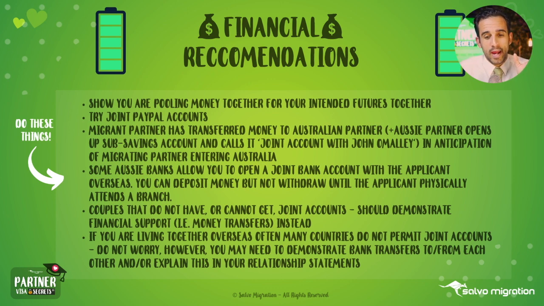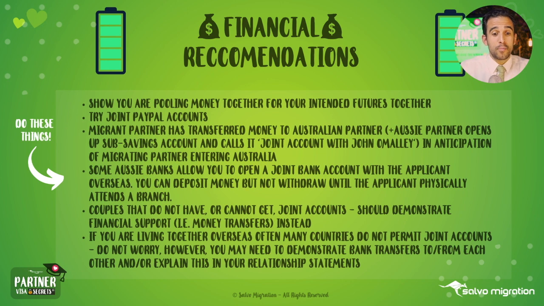In the scenario where your partner's living overseas and you're here, or let's say you're both living overseas and only one of you has an Australian account at the moment, the migrating partner, so the applicant, has transferred money to the Australian partner. So the applicant transfers money to the Australian partner.